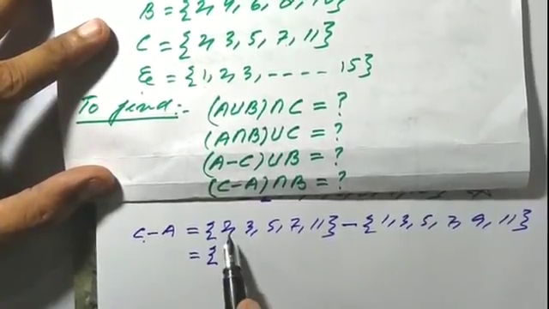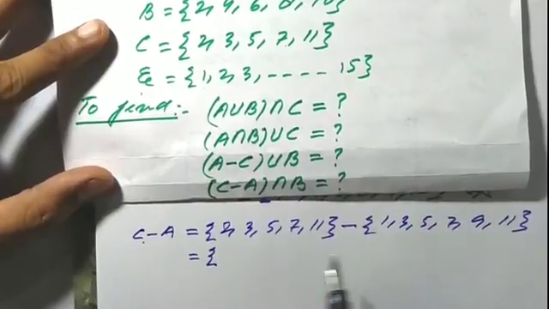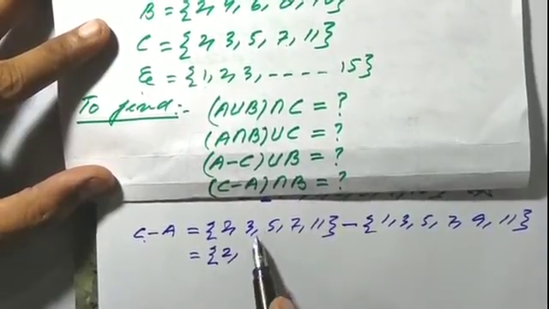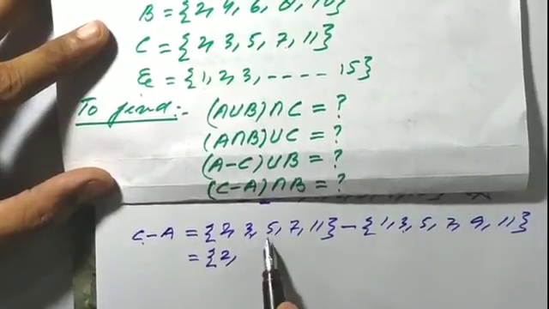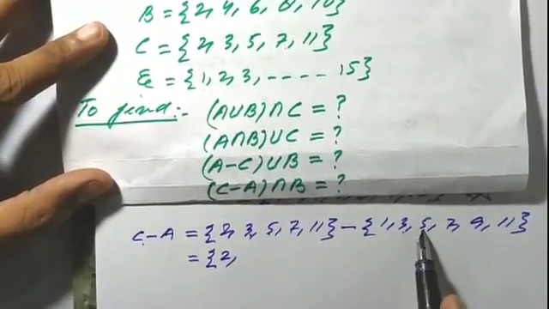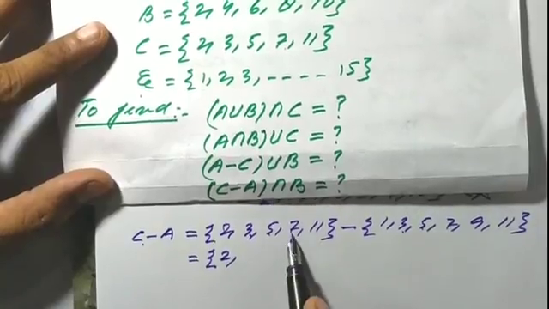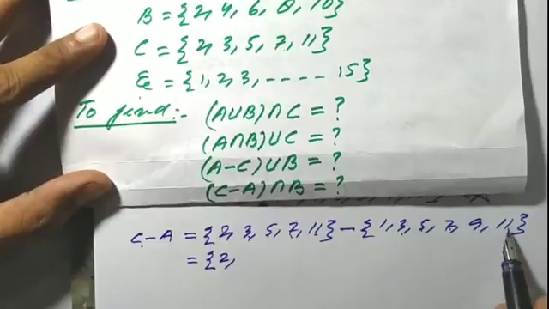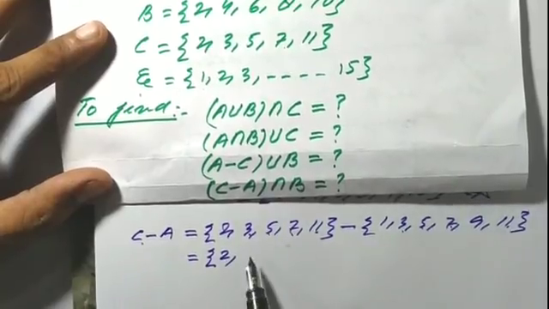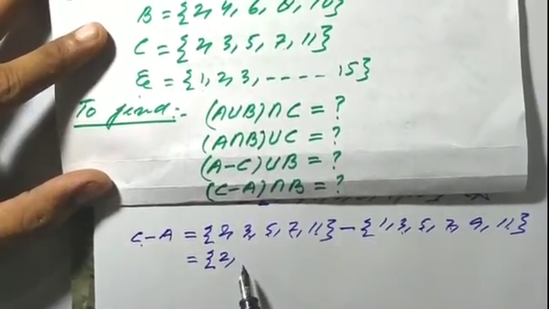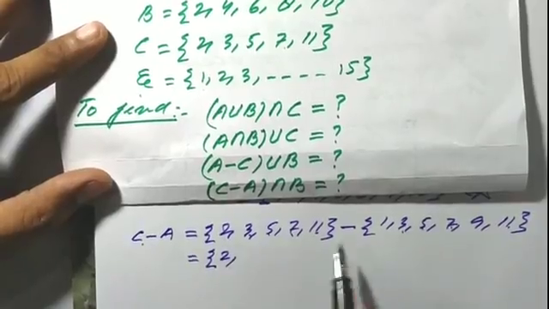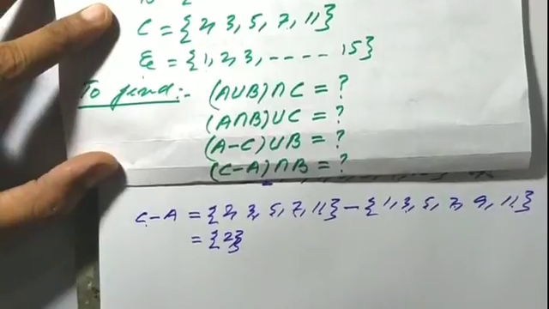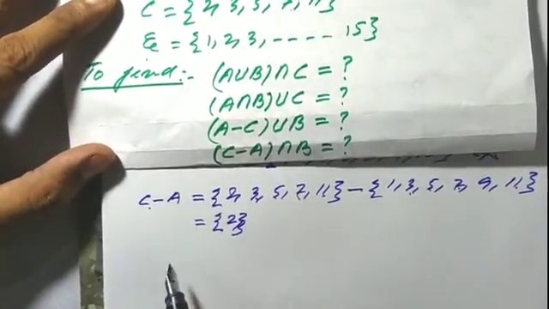So the first element is 2, which is not contained by A, so we have to take 2. 3 is contained by A, we have to leave it. 5 is contained by A, we have to skip. 7 is contained by A, we have to exclude 7. 11 is contained by A, we have to skip 11 too. So there is only one element in C which is not in A. So simply C minus A is the set of only one element, that is 2.